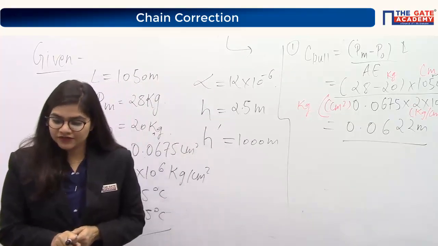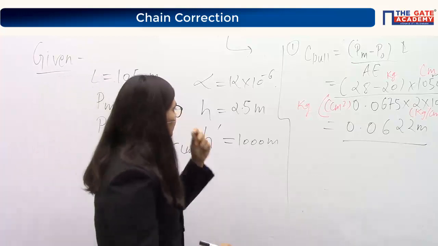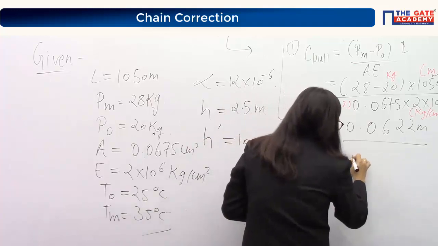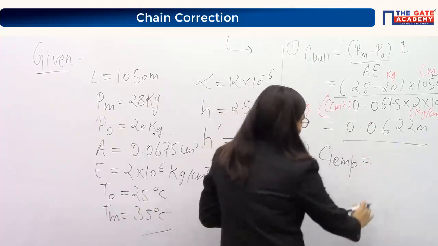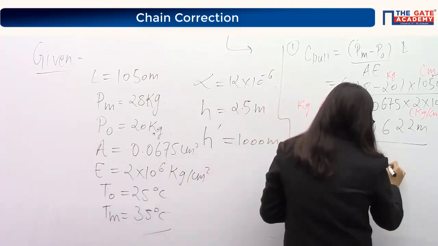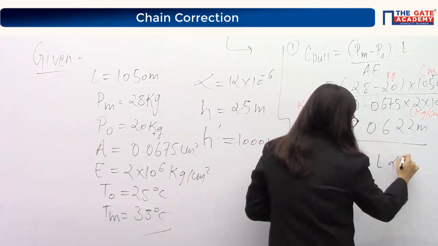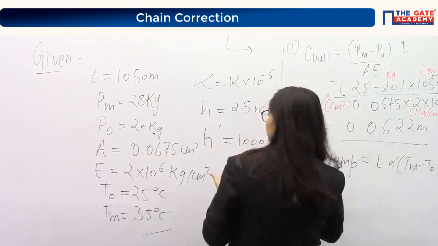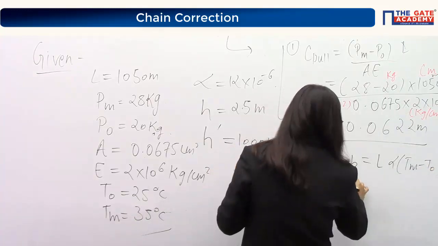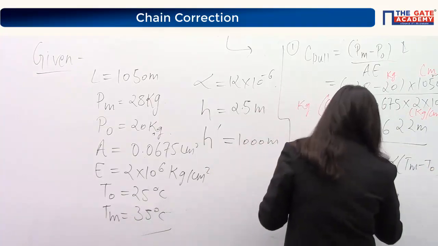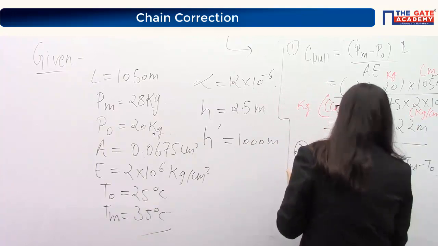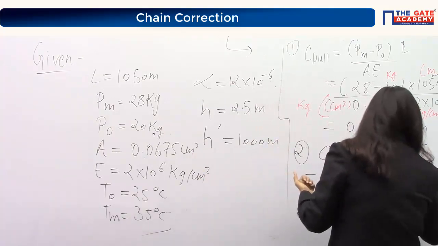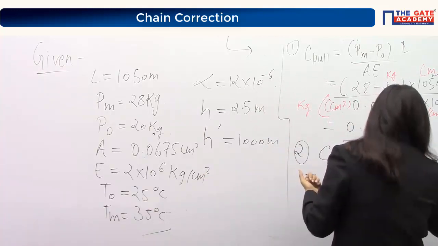Okay. Now next come to correction for temperature. See temperature. This is nothing but change in length, C_T equals L alpha (Tm minus T naught). So L is 1050, alpha is 12 into 10 to the power minus 6, Tm is 35 minus 25.